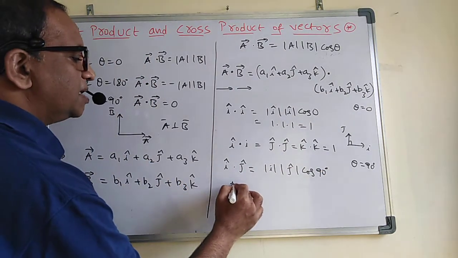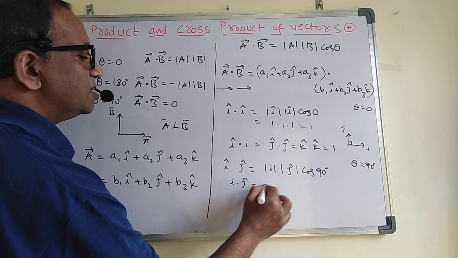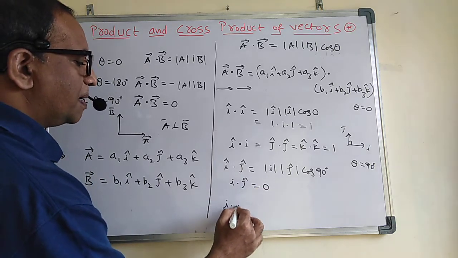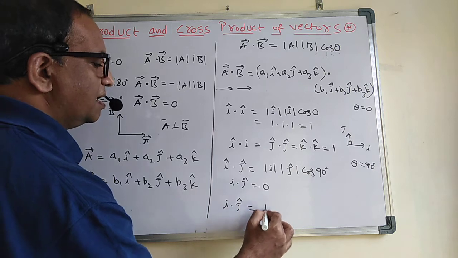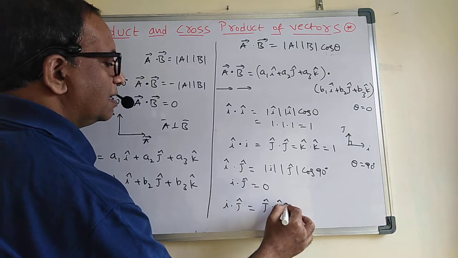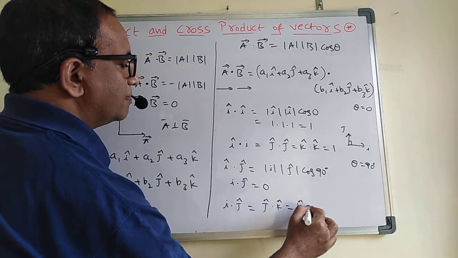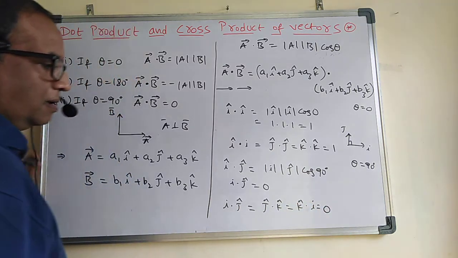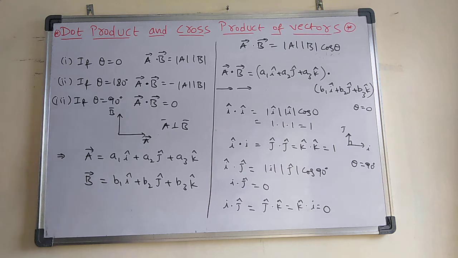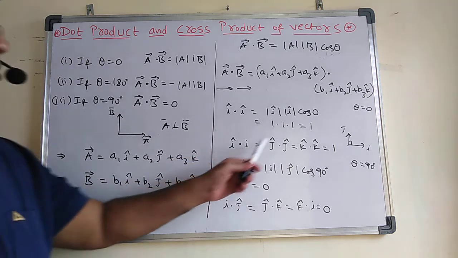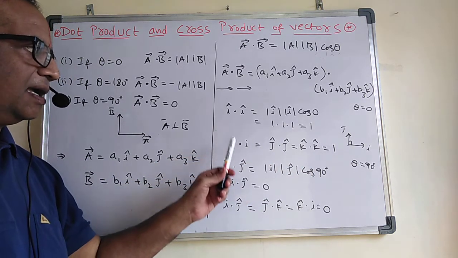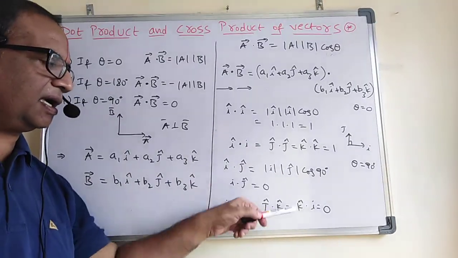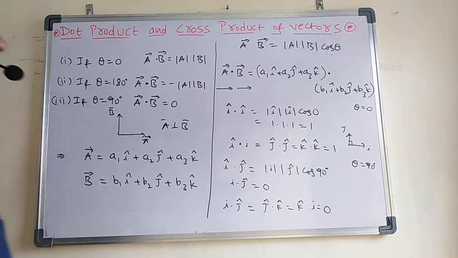Therefore i dot j is equal to 0. If I take any perpendicular components, i dot j, j dot k, and k dot i, that is 0. Are you following what I am saying? These are the two rules to be followed here: i dot i, j dot j, k dot k is 1, but i dot j, j dot k, k dot i, the product is 0.